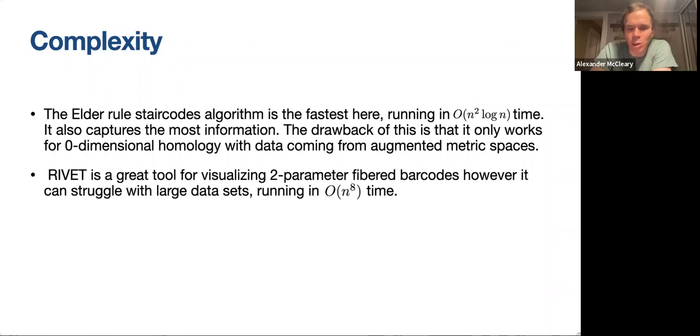RIVET is probably the most widely used tool in practice. It lets you visualize two parameter fibered barcodes, but it does struggle with large data sets.